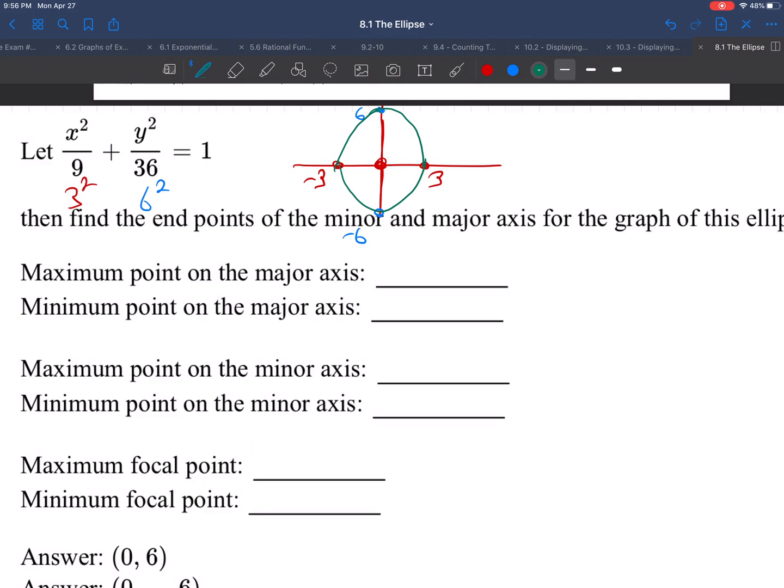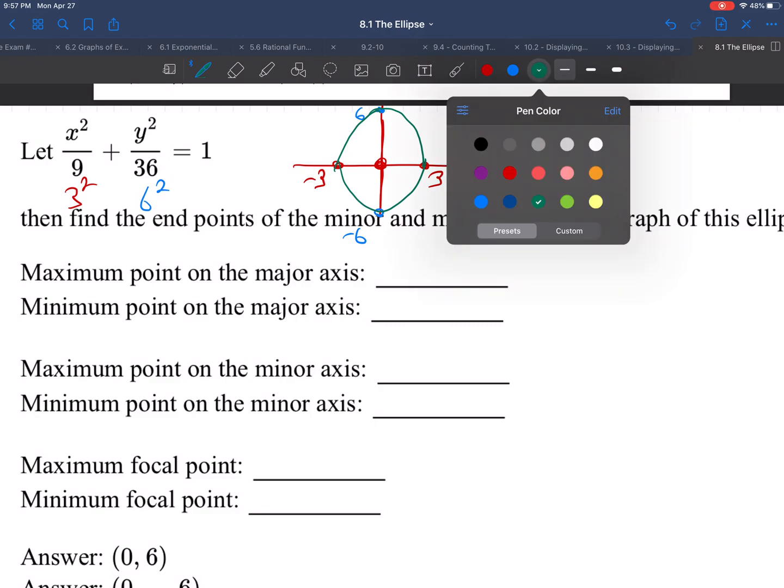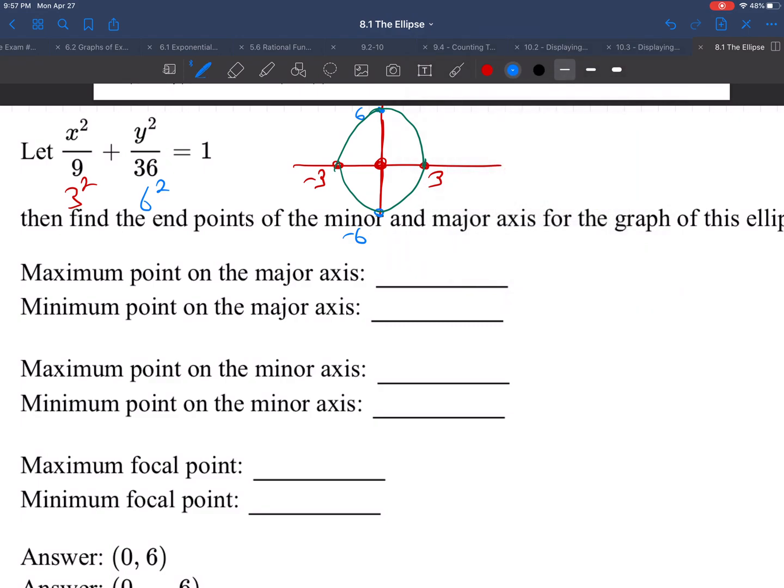Okay, so let's find the points they're asking for. They are asking for the maximum point on the major axis. Now, what do they mean by the major axis? And down here they're going to talk about the minor axis. So the major is the bigger, right?